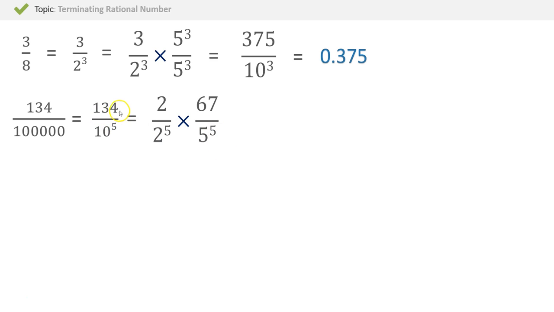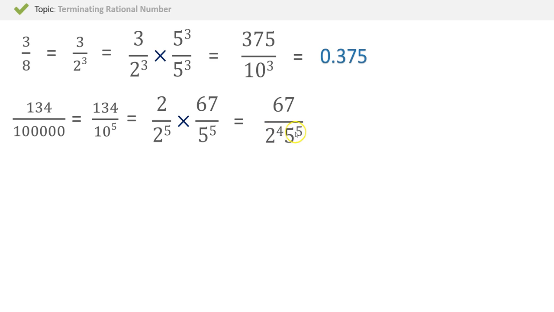And 134 can be represented as 2 multiplied by 67. And hence 134 by 10 to the power 5 can be represented as 2 divided by 2 to the power 5 multiplied by 67 divided by 5 to the power 5, which can then be represented as 67 divided by 2 to the power 4 and 5 to the power 5.